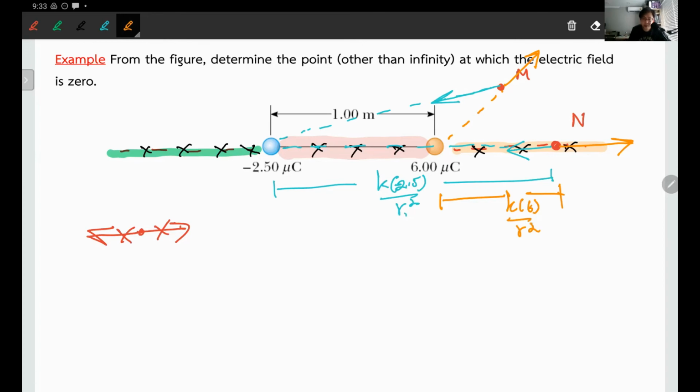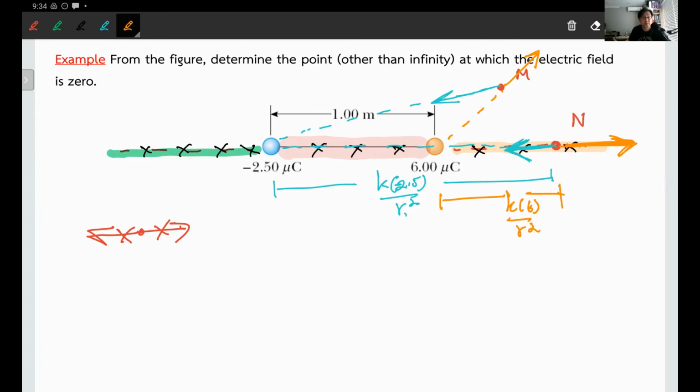Because the distance for the orange one is small, the electric field will be big. For the blue, the distance is far away, so the field will be weak. So on the right side of this area, the electric field from the blue charge will always be smaller than the electric field from the orange charge. You guys with me?